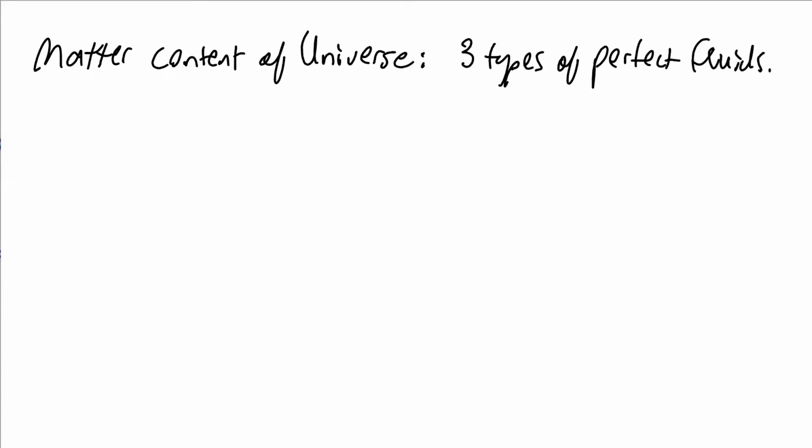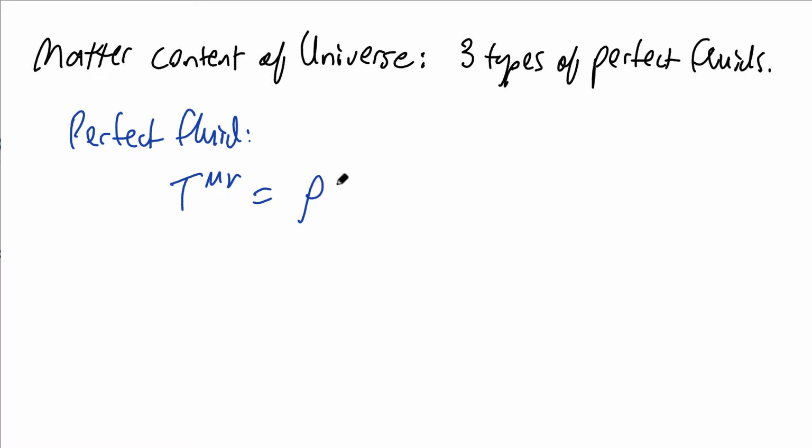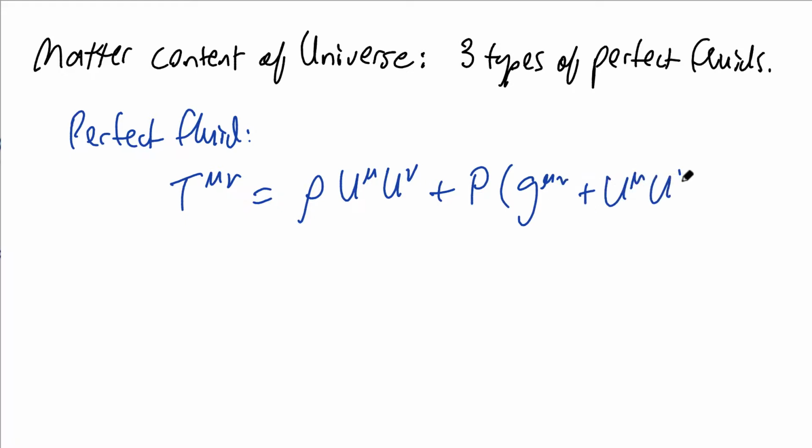So let's recall what a perfect fluid is. A perfect fluid has a stress energy momentum tensor given by the rest mass density or rest energy density rho times u mu u nu, where u is the forward velocity of the fluid particles, plus pressure P times g mu nu plus u mu u nu.